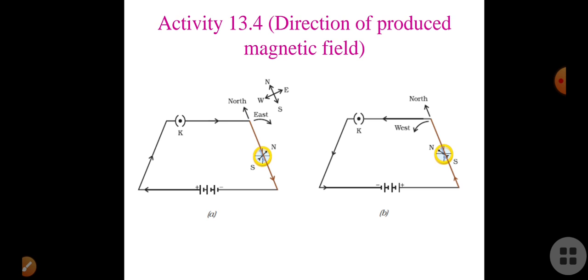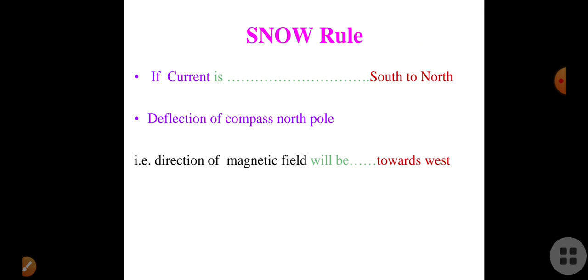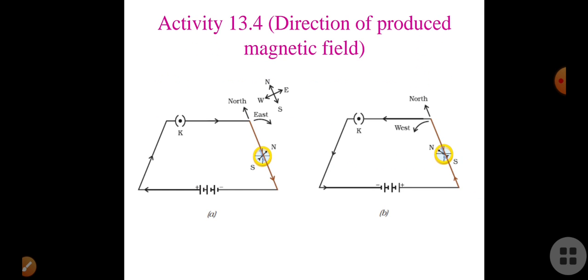Now this compass needle will show deflection. In which direction? According to this, if south to north, then west, and if north to south, it will show east. Actually, initially the needle was in the north-south direction. But as the current starts flowing from north to south, it will move towards east.